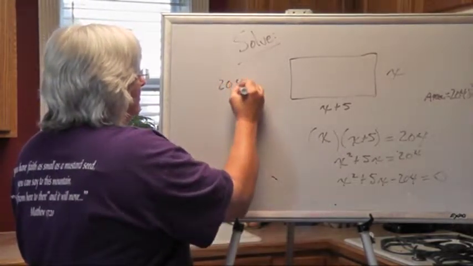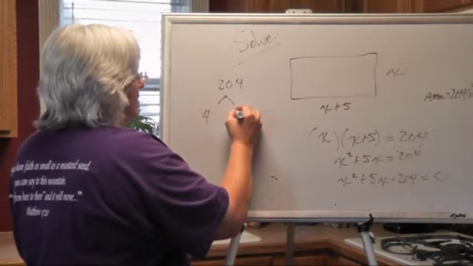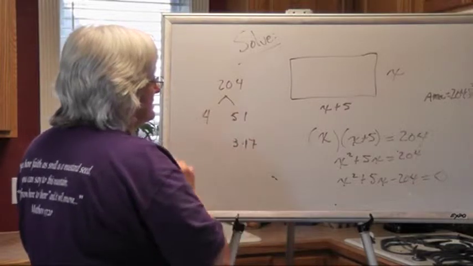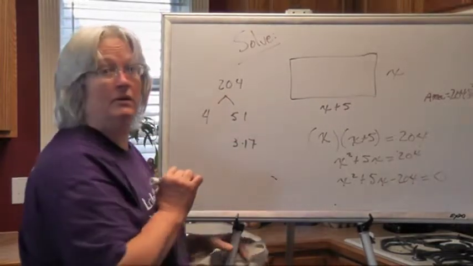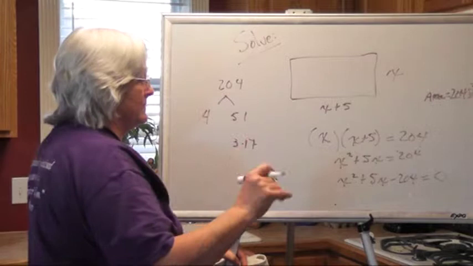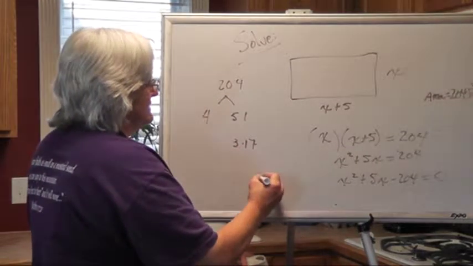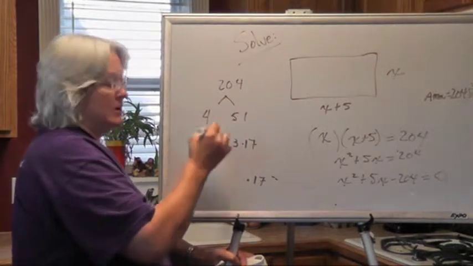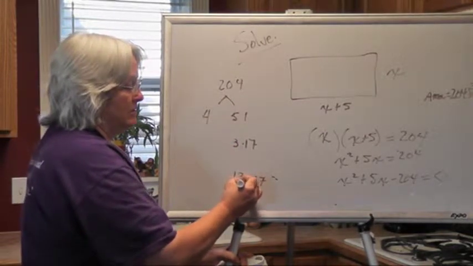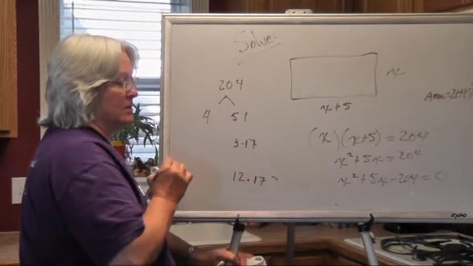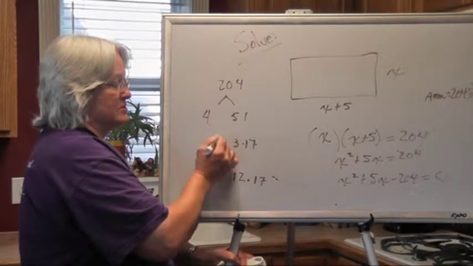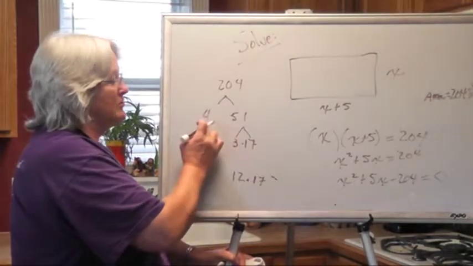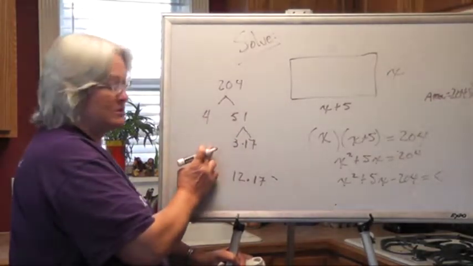I have 204, 4 times 51. 51 is 3 times 17. Aha! Right now, I have 17 times 3 times 4 is 12. It's not completely prime factored because 3 and 17 are prime, and 4, of course, factors into 2 times 2.